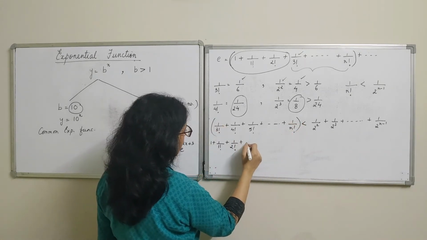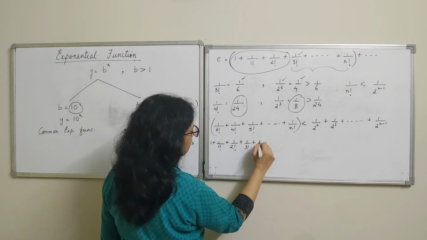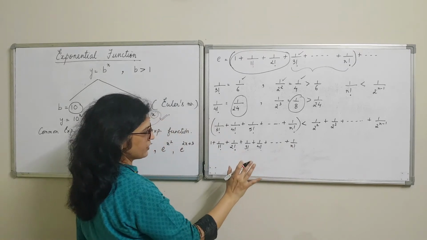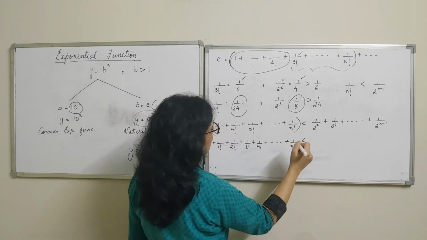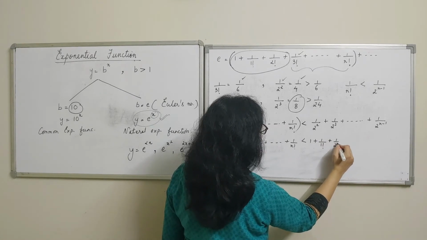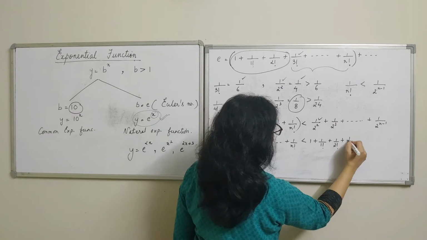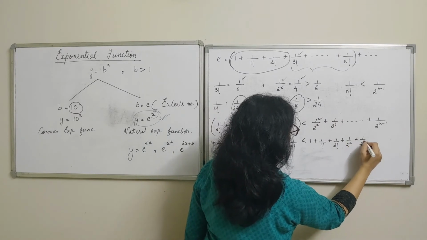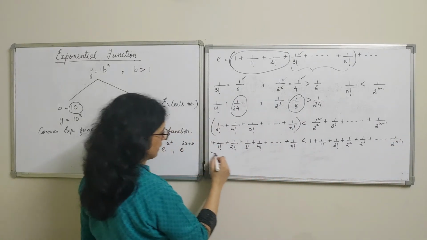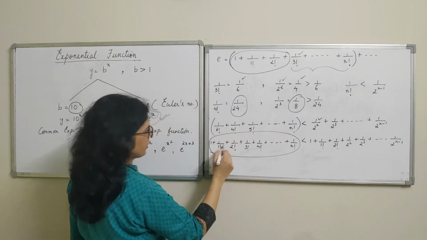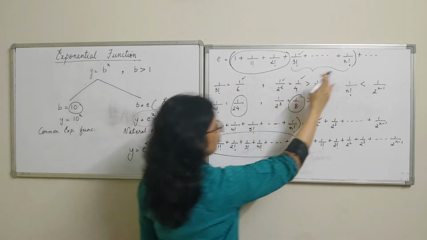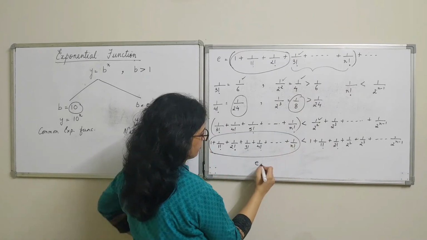Adding to this, we get, on the left hand side, the series represented by e. Likewise, on the right hand side, what are we adding? 1 plus 1 upon 1 factorial plus 1 upon 2 factorial, and starting from here 1 upon 2 square plus 1 upon 2 cube till 1 upon 2 raised to power n minus 1. Of course there are more terms, I've just taken a few terms here.